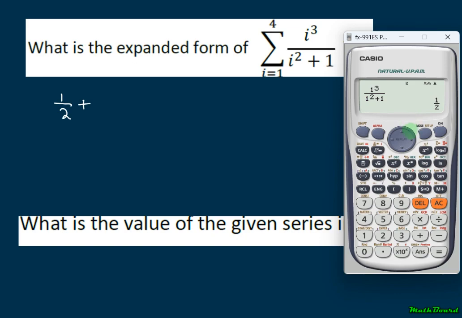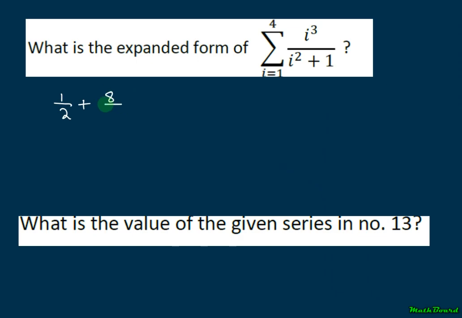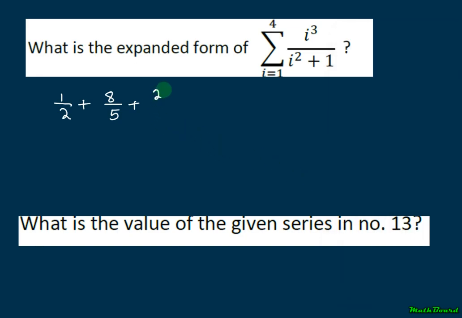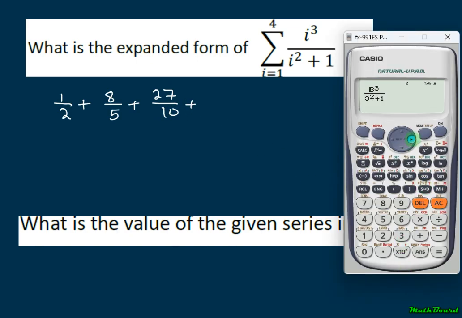Next, we can just replace i by 2, and the next one is 8 over 5, plus, then we replace it by 3, so 27 over 10, plus, then replace by 4, that is 64 over 17.